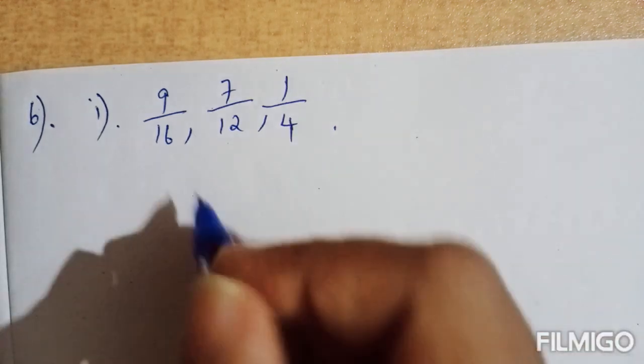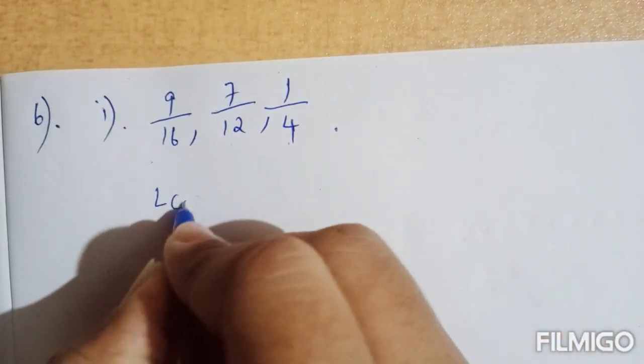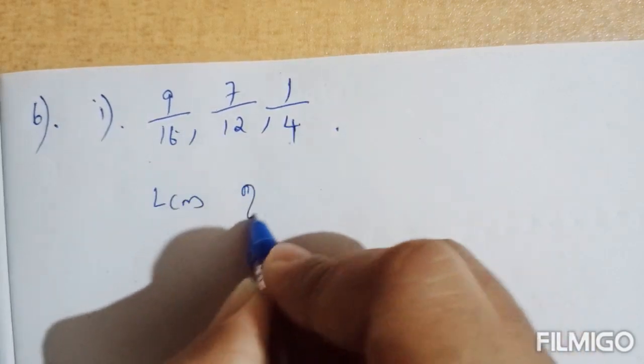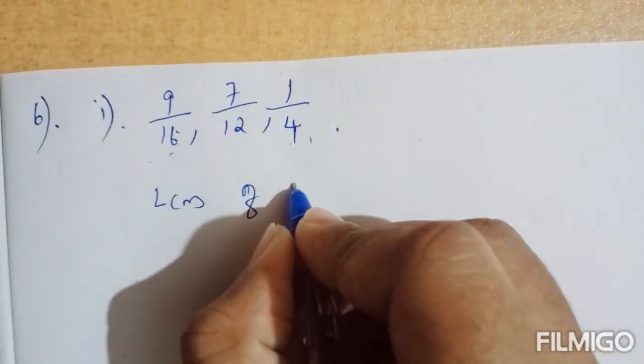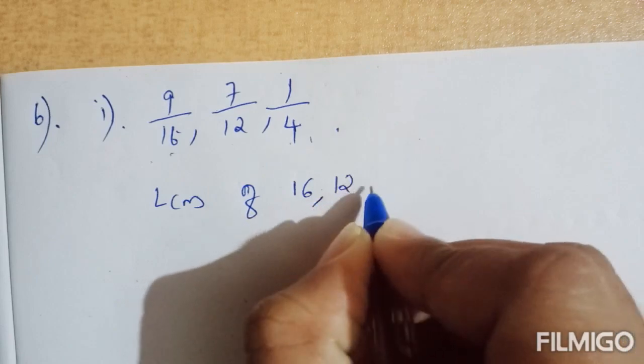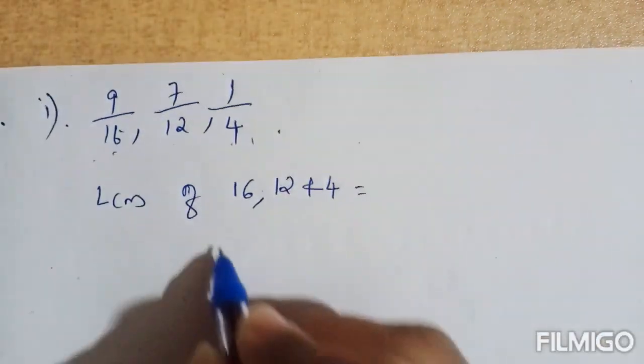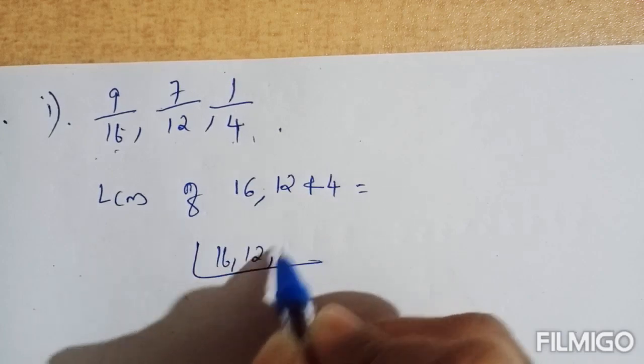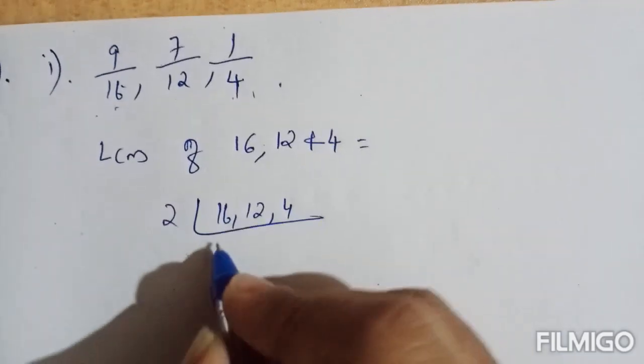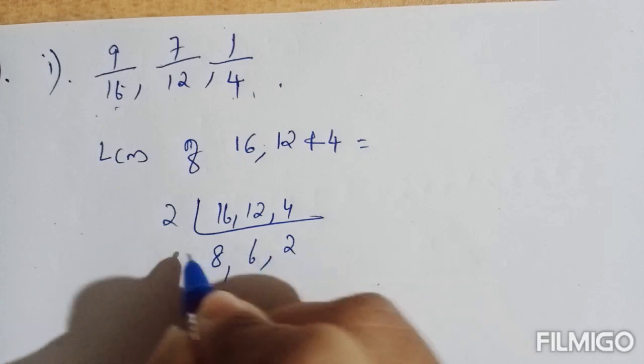In order to make the denominators equal, we have to take the LCM of denominators, that is LCM of 16, 12 and 4. You can divide by 2: 8, 6, 2.